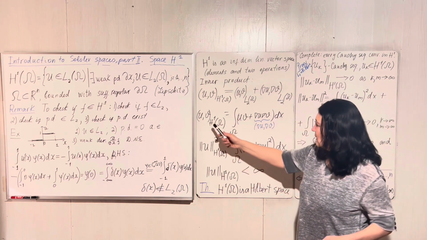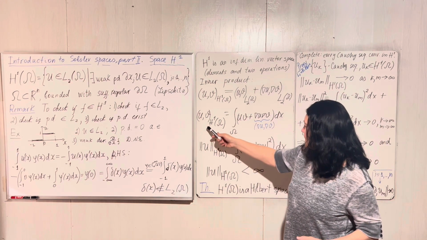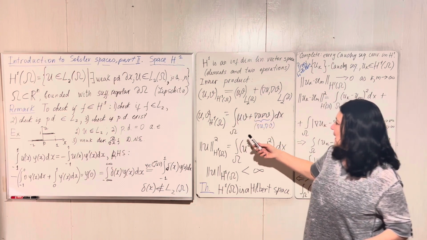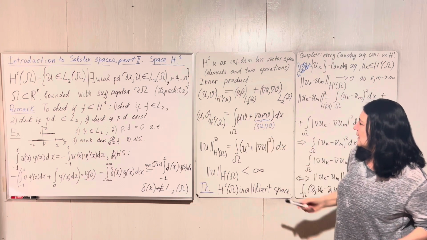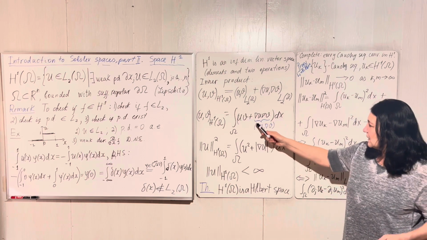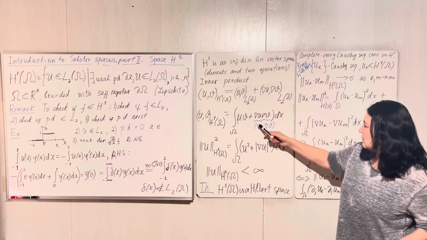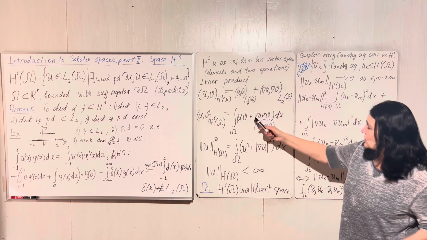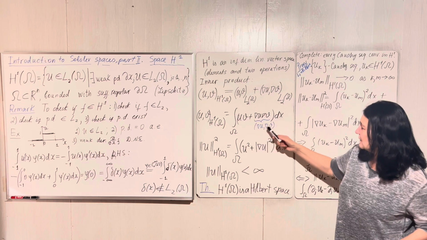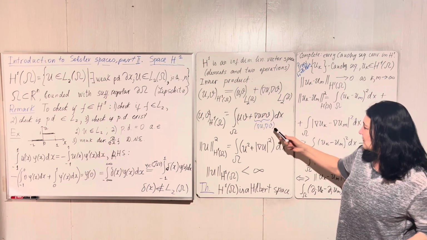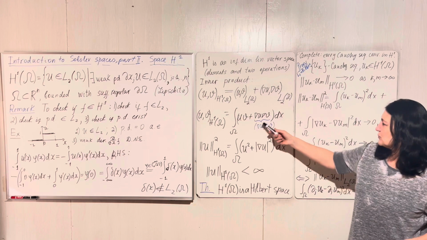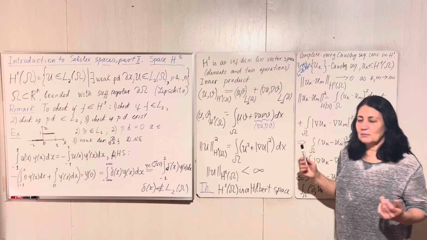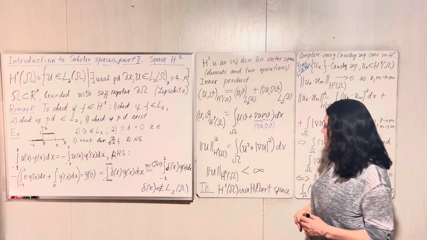Here I wrote it using integral notation: the integral of uv plus the dot product of the two gradients. Typically in some literature you may not see this inner product notation; it's just written gradient u times gradient v, but this is what is meant.